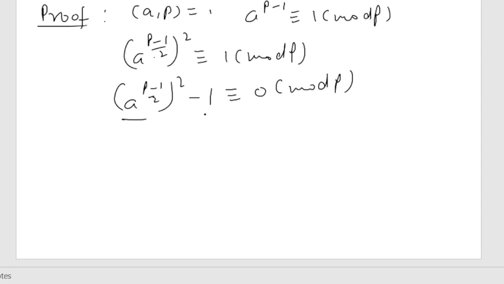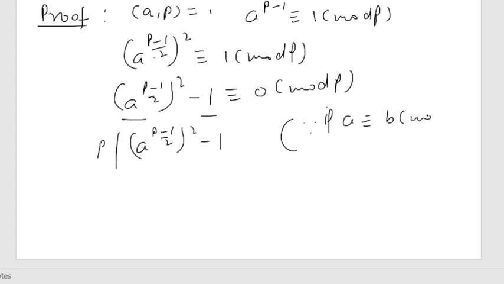It is a square minus b square. That means p divides a to the power (p minus 1) divided by 2, whole square, minus 1. Since we know that if a is congruent to b modulo m, this means m divides a minus b, so we have used the same thing here.